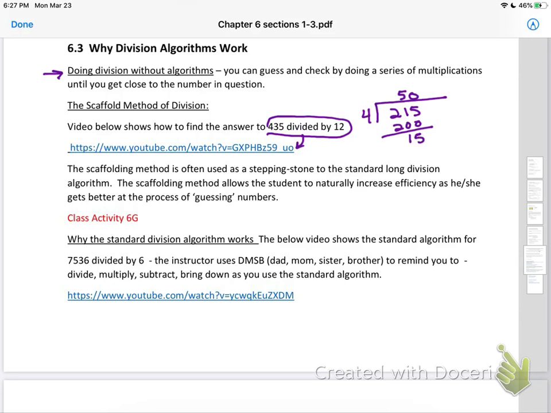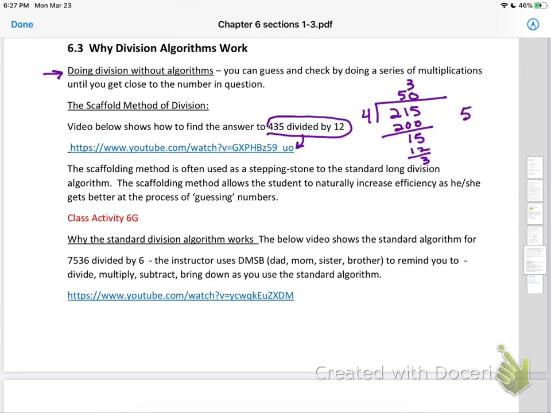Next, 4 goes into 15 3 times. Notice where I'm putting this, right above. So 4 times 3 is 12. I have a remainder of 3. So I would say that my answer is add the 50 and the 3.